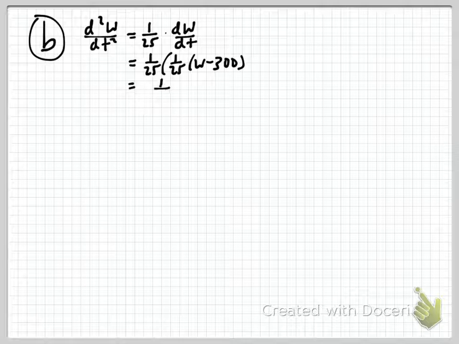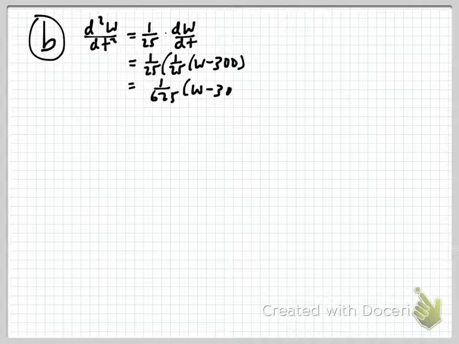So we get 1 over 625 times W minus 300. Okay. Alright, and what does it want us to do?